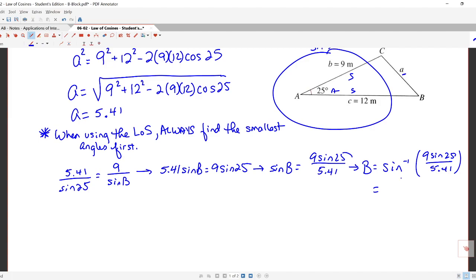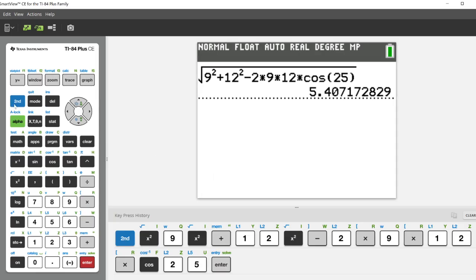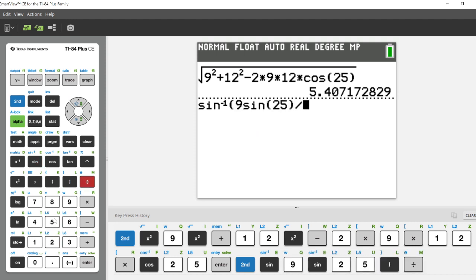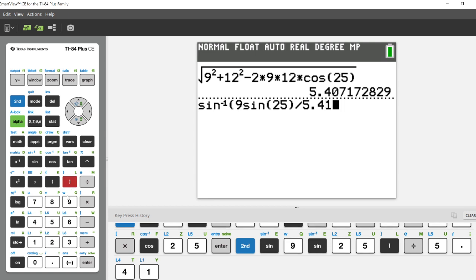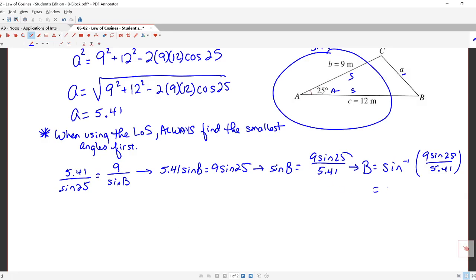So B comes out to, let's do that, the sine inverse of 9 sine of 25 divided by 5.41, which is 44.7 degrees.